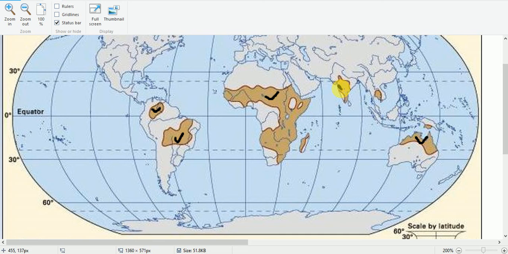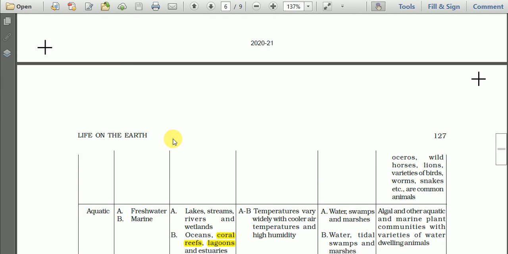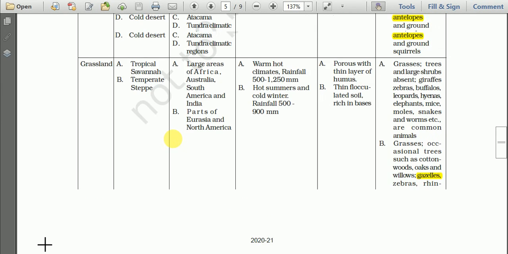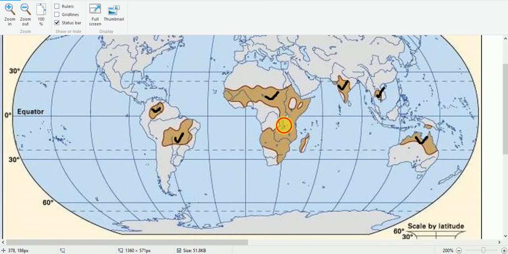Here in India also it is given here, and in Southeast Asia also, this savannah. Yes, large areas of Africa, Australia. Okay, large areas of Africa, then Australia, then South America, and India also here.